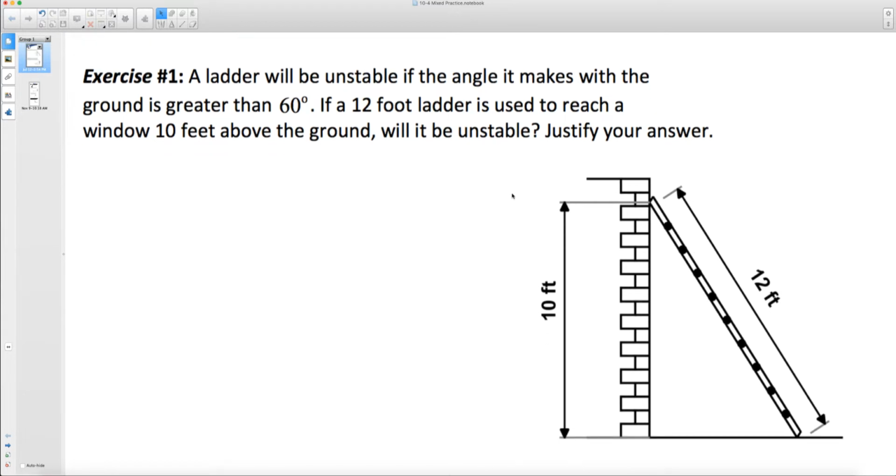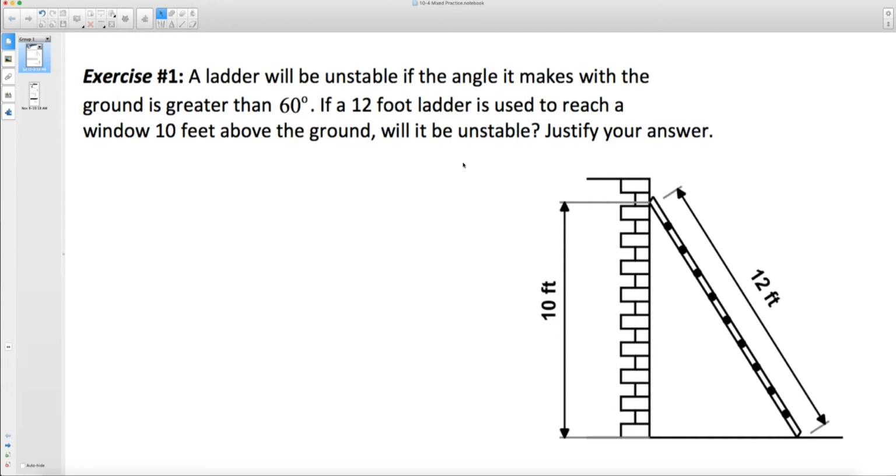Just take a look at this first one here. It's telling us that we have a ladder and it's going to be unstable, meaning it might fall, if it makes an angle with the ground that is greater than 60 degrees. So we have a 12-foot ladder.